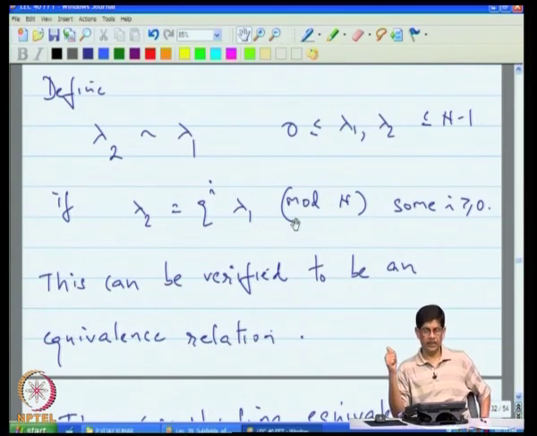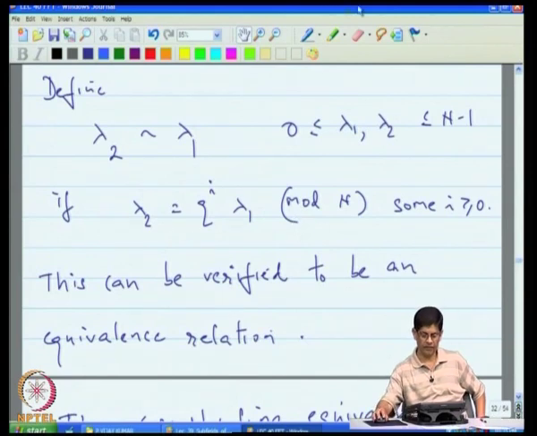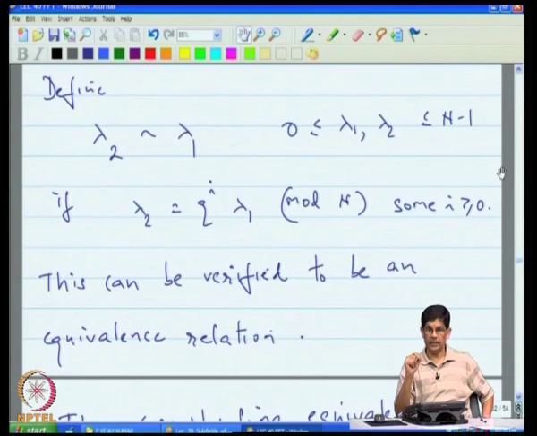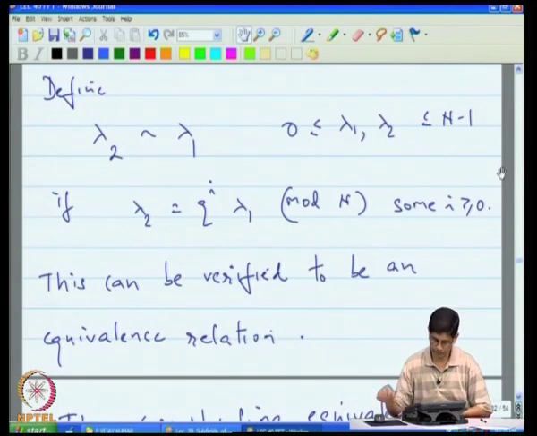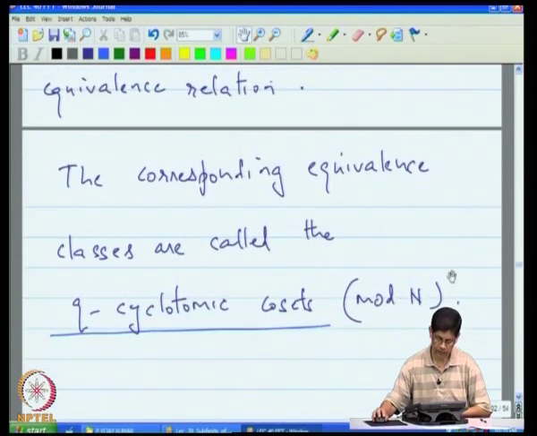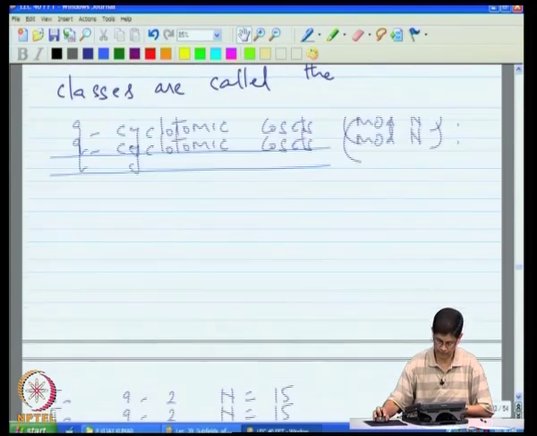So this is an equivalence relationship, and a key property of an equivalence relationship is that it partitions the set of all frequencies. So the frequency domain is now partitioned into equivalence classes. Each of these equivalence classes is called a cyclotomic coset. The corresponding equivalence classes are called the q cyclotomic cosets mod n.